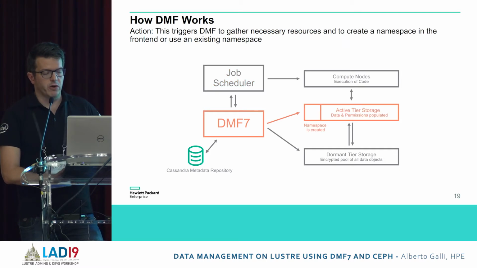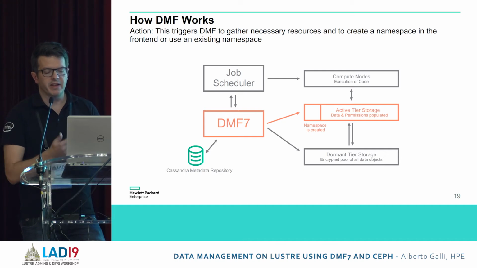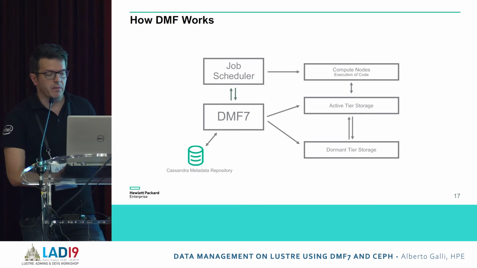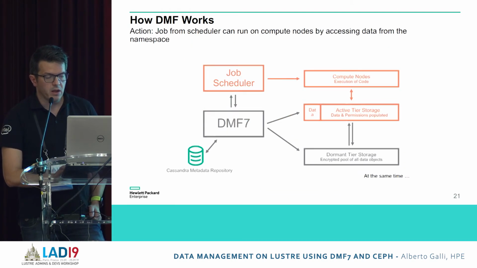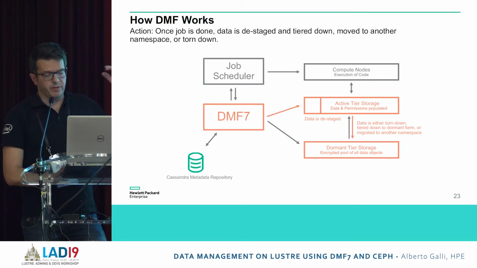It's simple: you have a job scheduler. The job scheduler can create, so it's not only migration, because the metadata might not exist. You can create new directories on demand. It will move data that has been stored in the tier storage directly into the front-end file system, the active tier. And then the job will run.